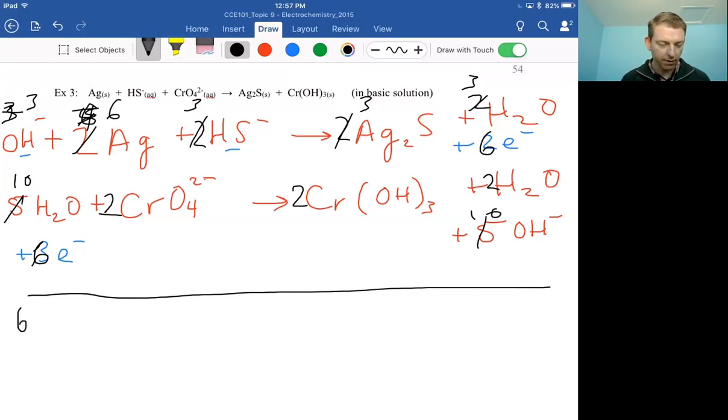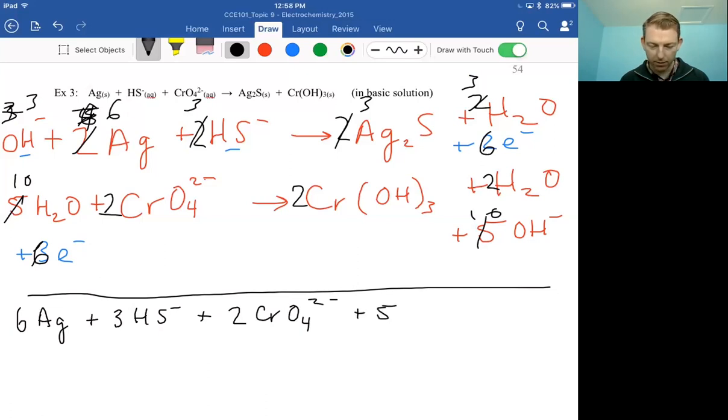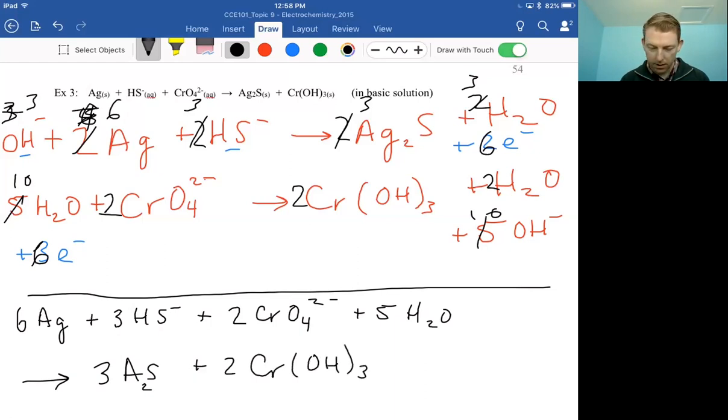At the end of the day, we have 6 silver plus 3 hydrogen sulfide plus 2 chromates, 2 minus, and 5 water, all going to 3 silver sulfide and 2 chromium hydroxide and 7 hydroxides.